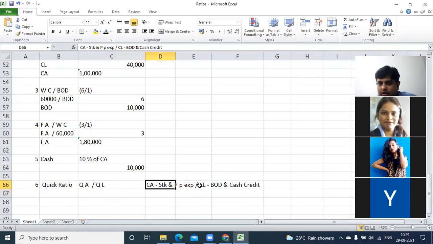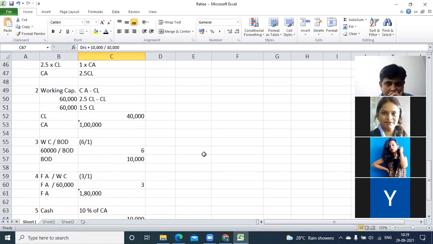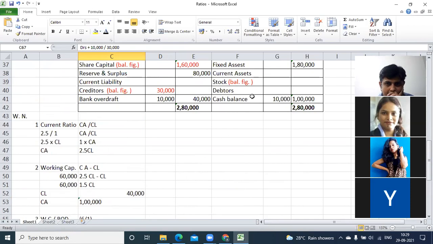Current asset minus stock and current liability minus bank overdraft. So current asset do we have? Yes, sir. 1 lakh. As well as they have also given that current asset is debtors, stock and cash balance.